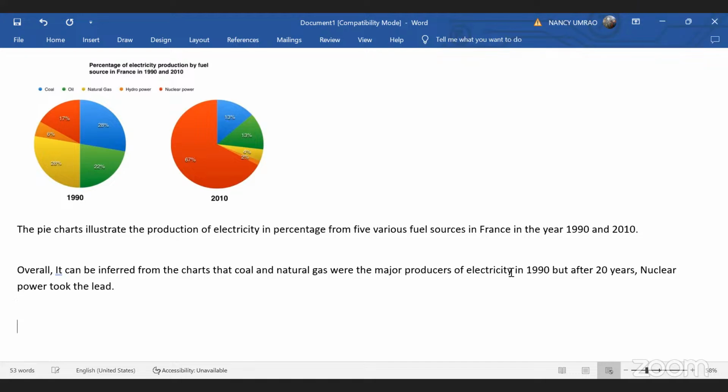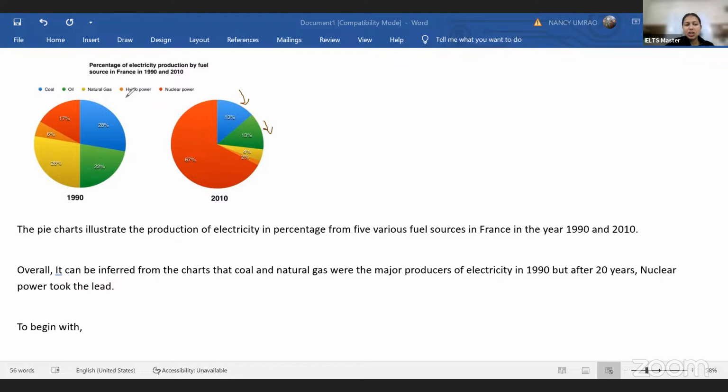Yes, ma'am. Now, when we are writing the body paragraph, we need to check how we are starting. Now, you can see here, if I talk about coal, the electricity produced by coal was 28%. But in 2010, the electricity production by coal decreased. If I talk about oil, oil produced 22% of electricity in 1990. Again, in 2010, the production reduced.